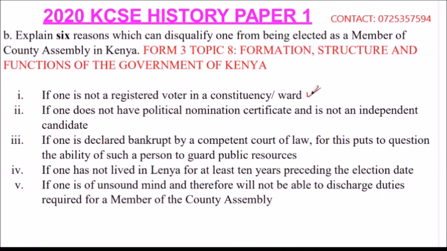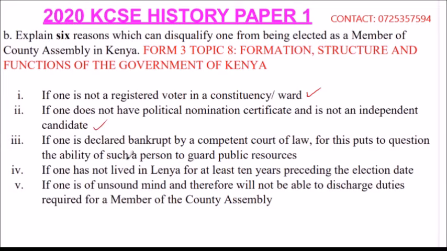If you are not registered in the voters system, you cannot be elected as an MCA. If one does not have a political nomination certificate and is not an independent candidate: you must be nominated by a political party, or you decide to go ahead as an independent candidate.